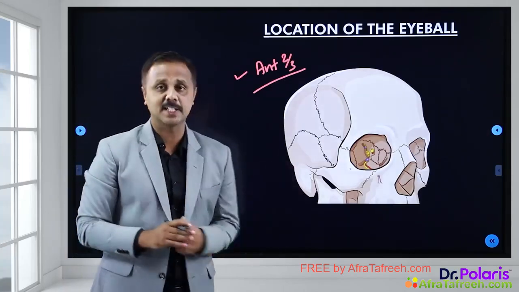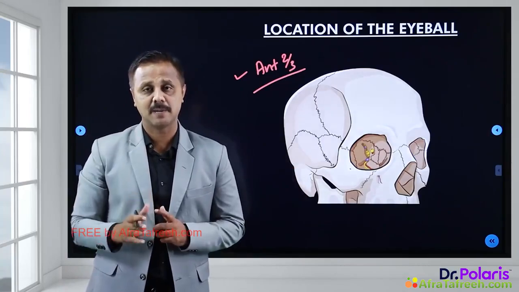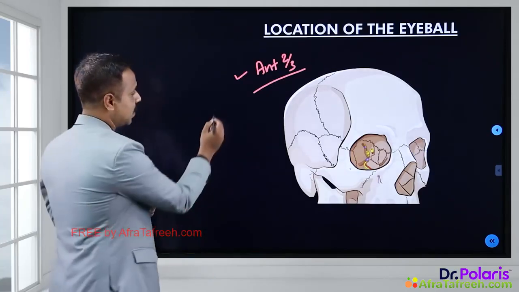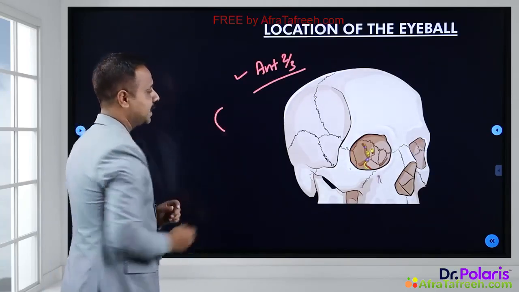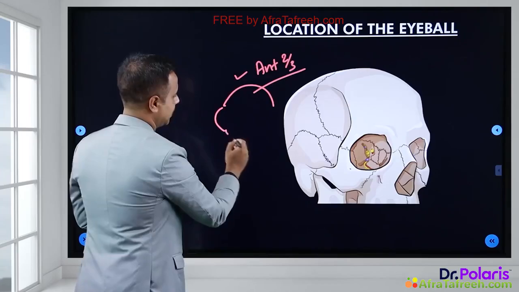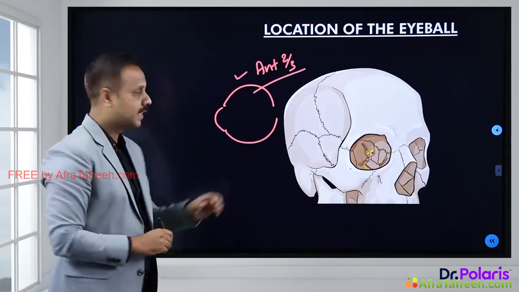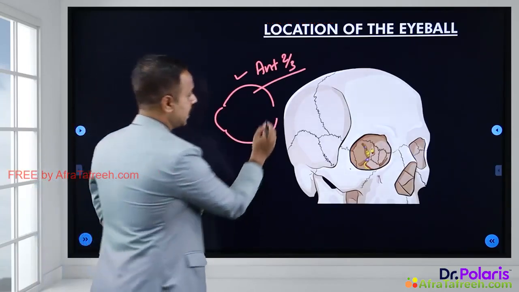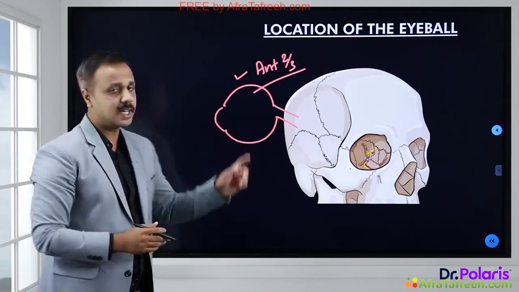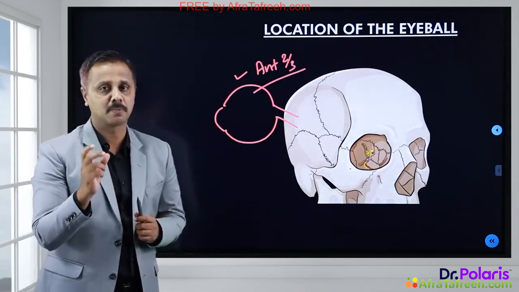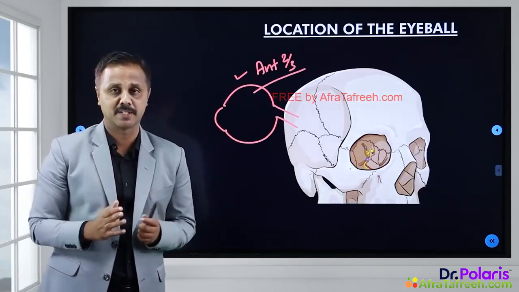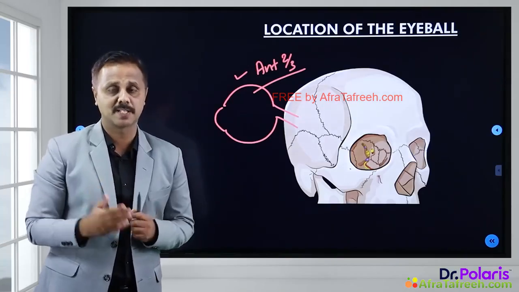Before we get into the details of the layers of the eyeball, let's focus on some of the important landmarks. If we draw the outline of the eyeball, we have the anterior portion which is referred to as the cornea, and then this extends as the sclera. Then there are inner layers. Let's not worry about it. And posteriorly we have the optic nerve. The entire eyeball looks like a ping pong ball. In fact, it looks like components of two different sphere segments.